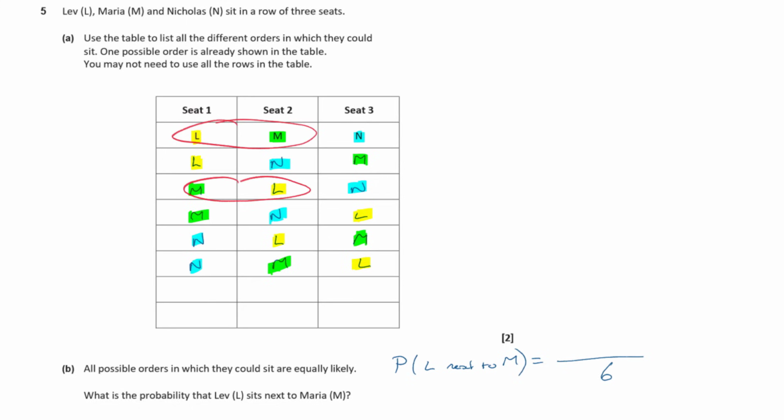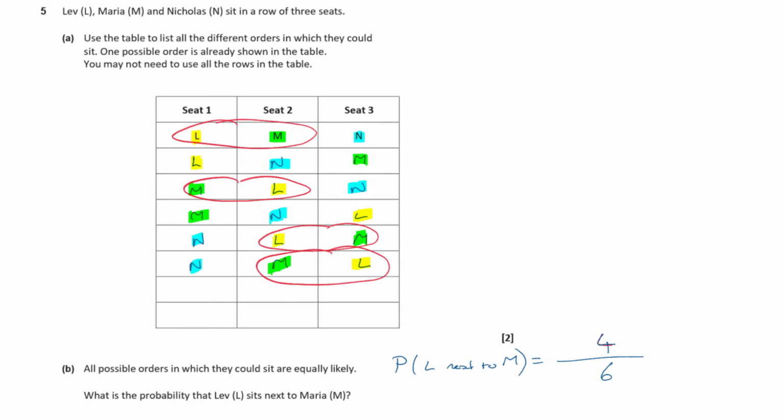And then Nicholas sneaked into the middle again there in the third one and the fourth one. And then I've got them together over here, and they're together over here. Okay, so they're actually sitting together in 4 out of those 6 arrangements. It's only when Nicholas sneaked between them that they were parted momentarily. So anyway, it's going to be 4 out of 6.